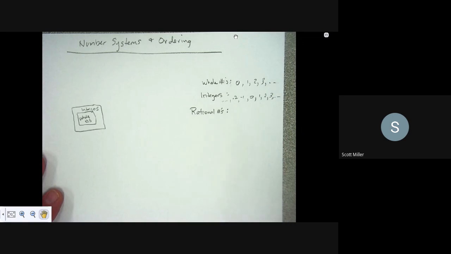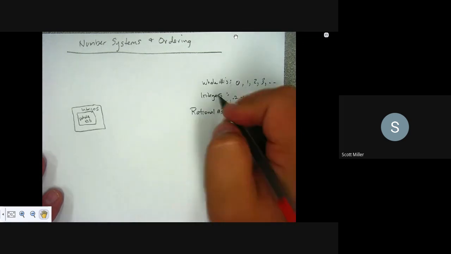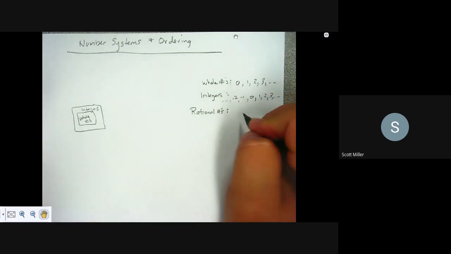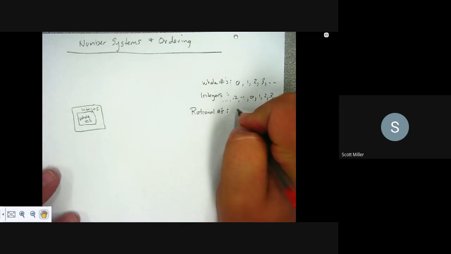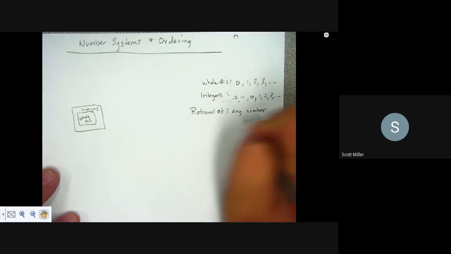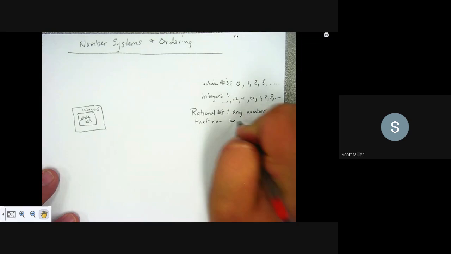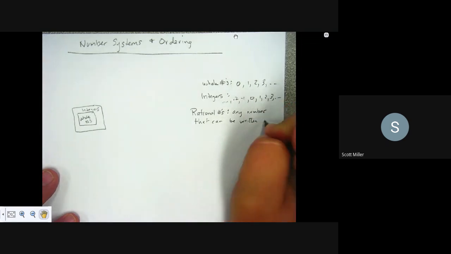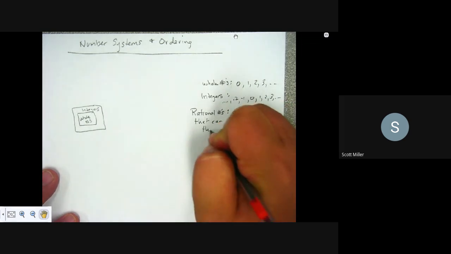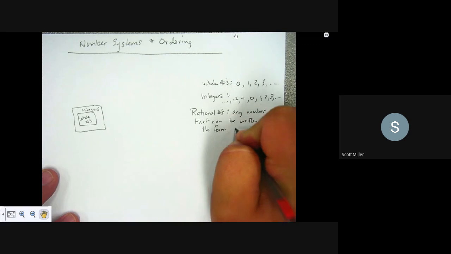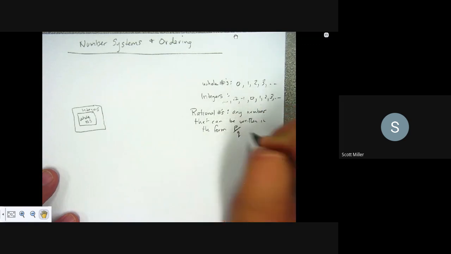So this is how you know if it's a rational number or not, because there are rational numbers that don't look like fractions. Okay? And so here's one definition. It's any number that can be written in the form P over Q. So in a fraction form.